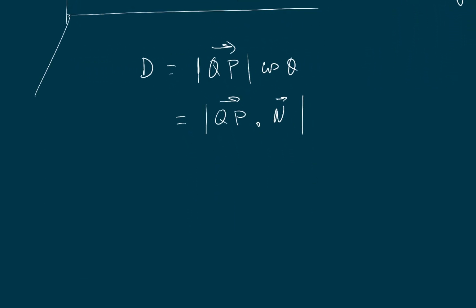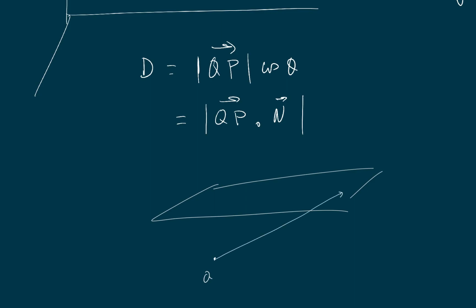So it's clear that if you have the plane, the point Q, and any point P, and you project the vector QP onto the direction of the normal, you will find this D. So the distance between the point and a plane is QP dot unitary vector n.